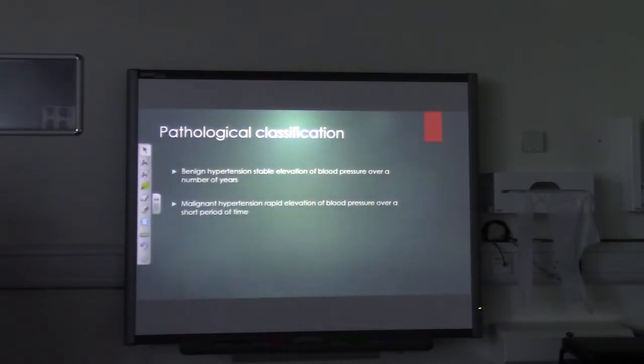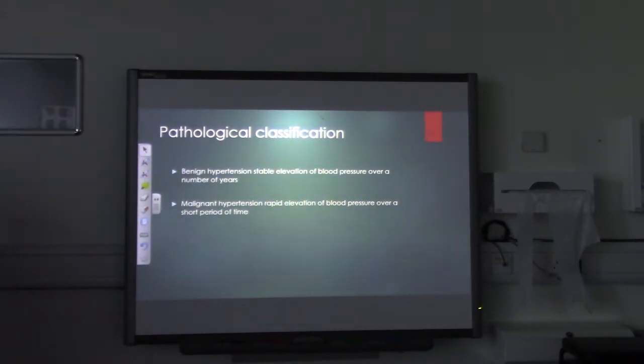We can also have a pathological classification. The literature talks about benign hypertension, where we get a stable elevation of blood pressure over a number of years, and we do know that blood pressure increases as you get older.